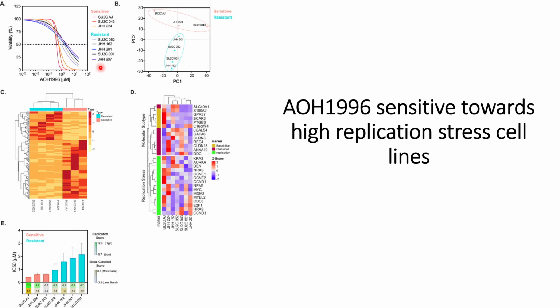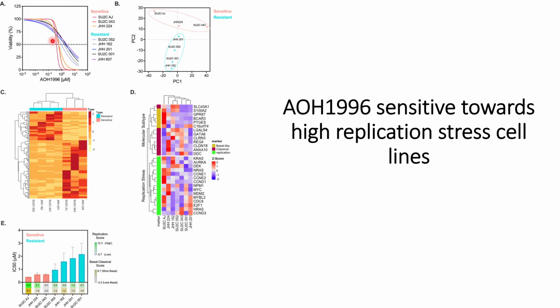The organoids that are tested for the different kinds of cell lines are shown here, and in this case what they are able to find out is that the organoids from the cell lines SU2C AJ, SU2C043 and JHH224 are sensitive.